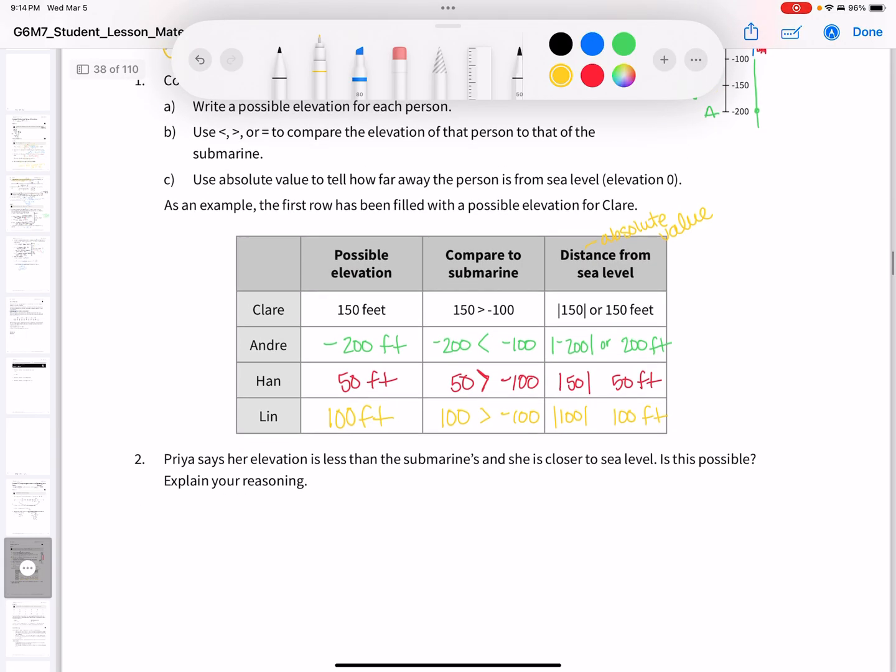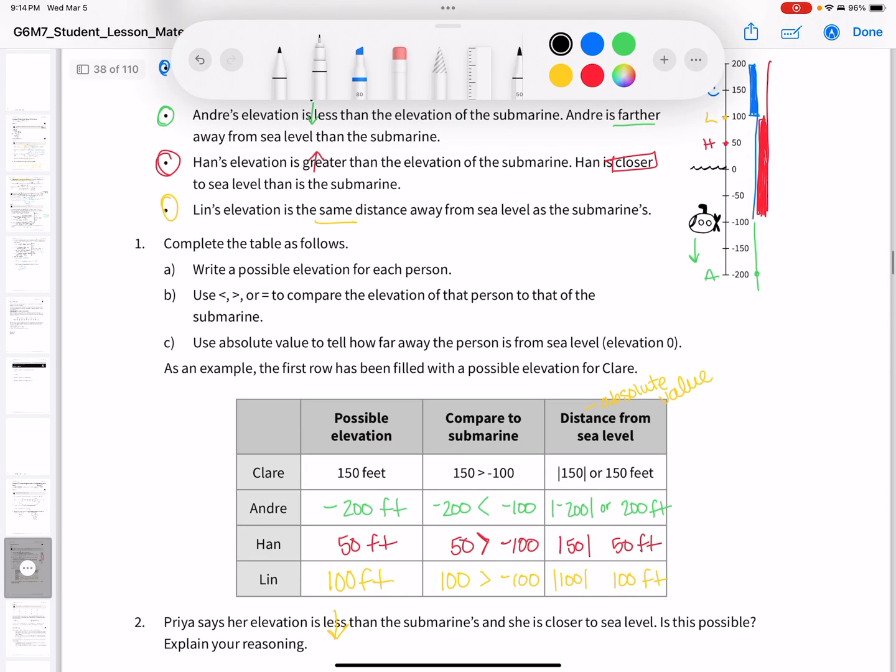Priya's elevation is less than the submarine's. So if we were going to do Priya, hers would be less than negative 100. And she says she's closer to sea level. Is this possible? She's less than negative 100, but closer to 0?